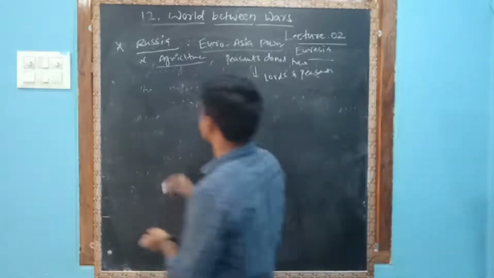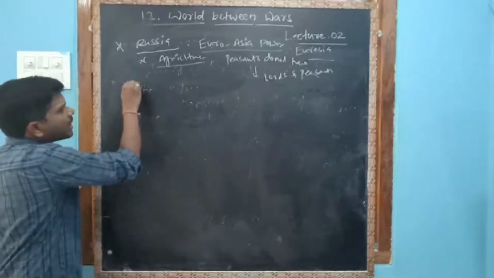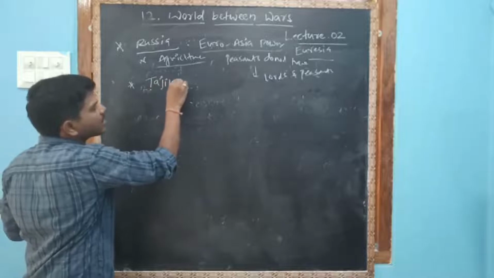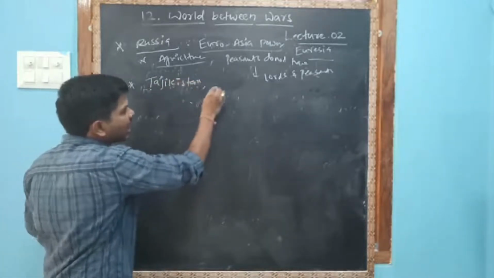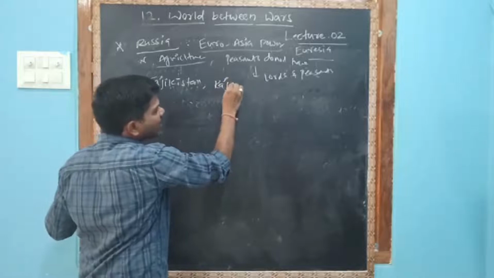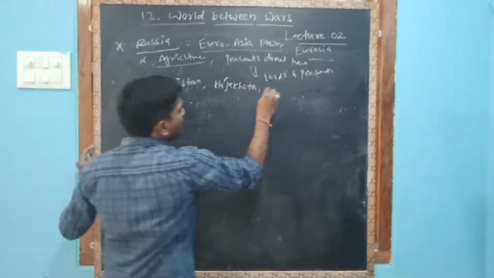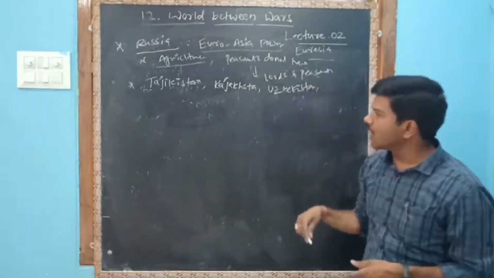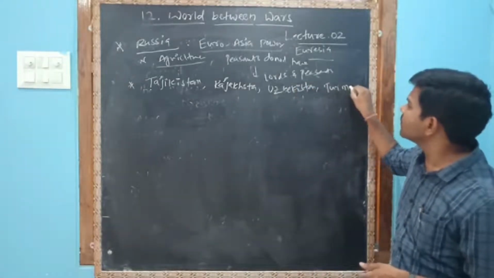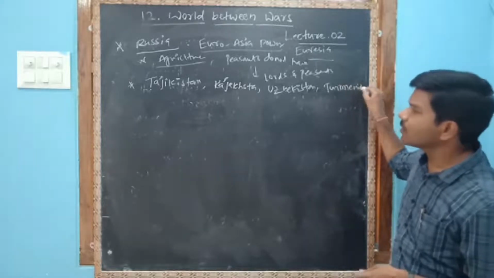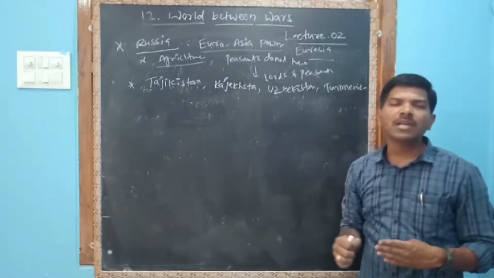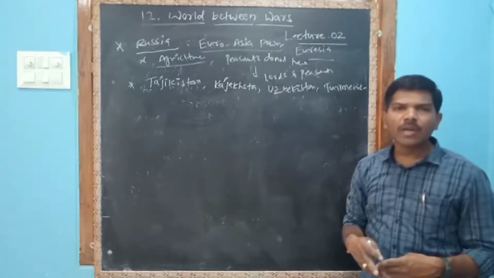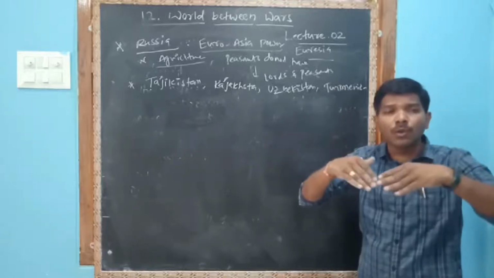And what is Russia? Russia nowadays means Tajikistan, Kazakhstan, Uzbekistan, Turkmenistan, parts of Poland, Georgia, Armenia, Estonia, Azerbaijan, many of the newly formed countries.